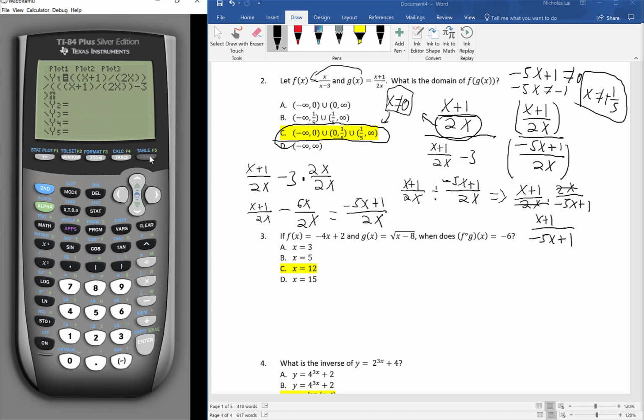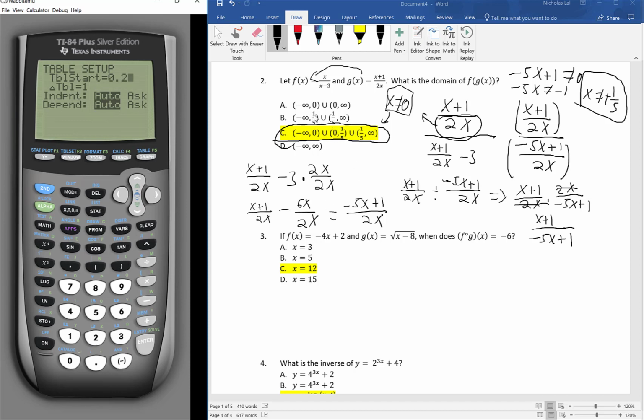We can look at the table here. All right, so we have an error at 0. Now let's look at when x is equal to 1/5. So let's look at the table start at 0.2.